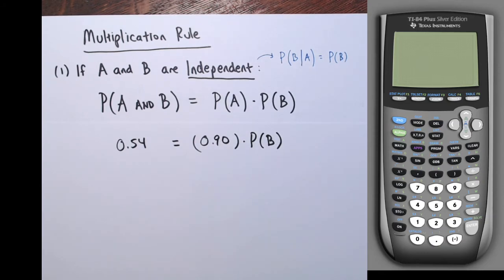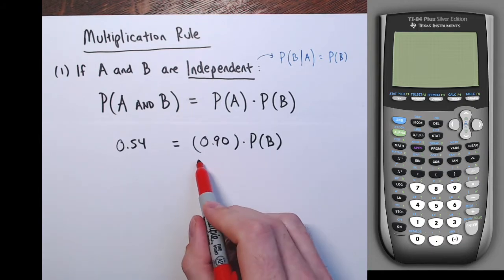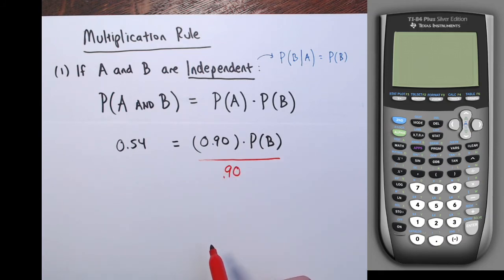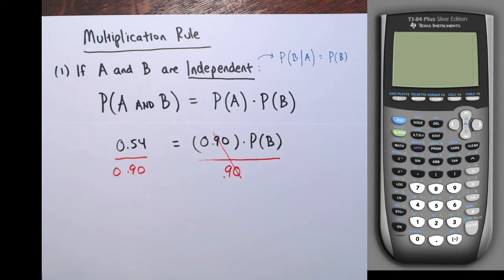So now I'm solving for probability B. This isn't going to involve addition or subtraction. This is going to involve division. I would divide by 0.9 to get that to cancel and get the probability of B on its own. Same thing over here, I would divide by 0.9. 0.54 divided by 0.9 is 0.6, 3/5.